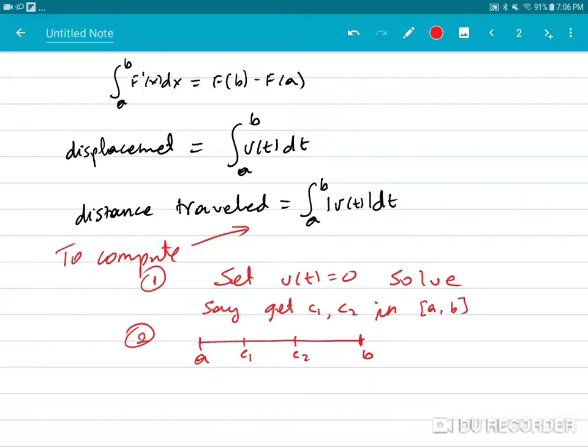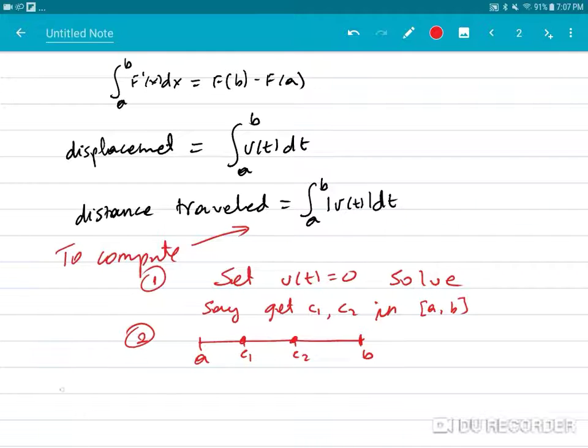So what it means is the velocity is 0 here, the velocity is 0 here. It's possible that the velocity was positive here and negative here, or maybe negative and positive, or maybe both positive, or maybe both negative. Same thing here. There may be a difference in velocity. So you don't want to count them together.